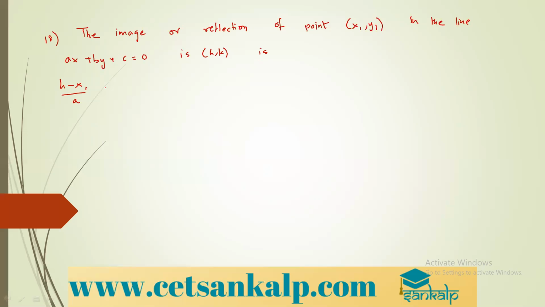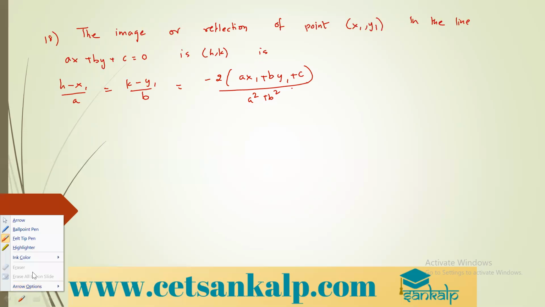H minus x1 by a equal to k minus y1 by b equal to minus, what we have extra is 2 into ax1 plus by1 plus c by a square plus b square. Otherwise, everywhere the formula is the same.